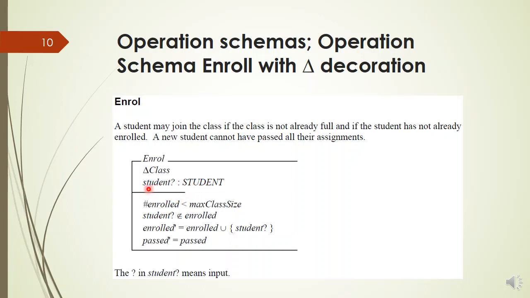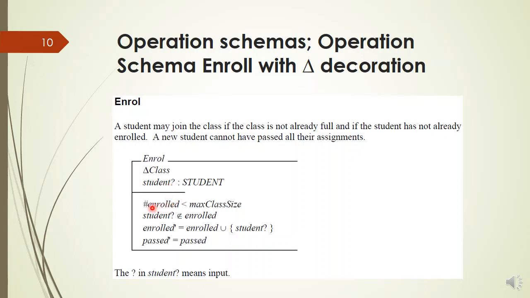Therefore, the variable student? is an input variable, and it can store a single value of the set Student. In this way, student? is an element variable. Because we want to enroll a single student, we declared a variable which can store a single student with a question mark, and this variable will be used as an input variable.